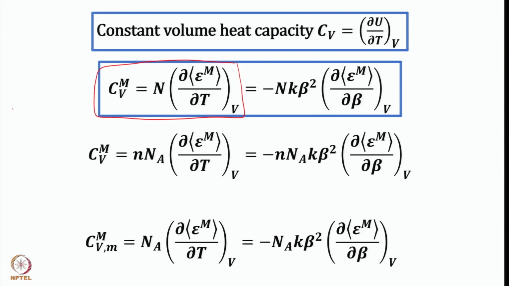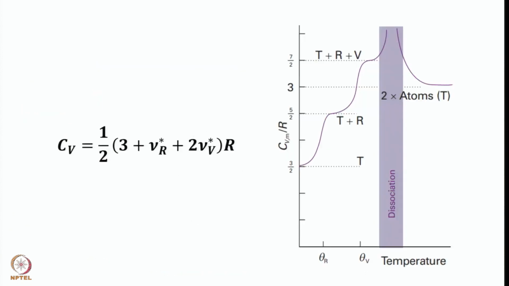Since beta is equal to 1 by kT, any derivative with respect to temperature can be transformed to another equation with a derivative with respect to beta. So you can use this expression or this expression to obtain heat capacity.